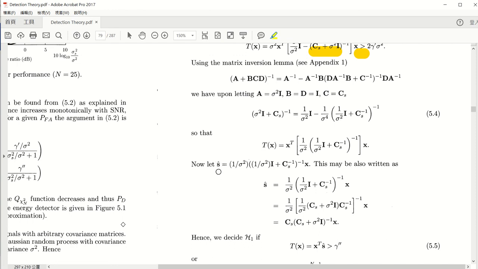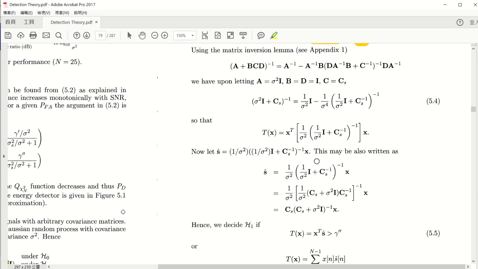So we will let S hat equal to this term. In fact, what we are trying to do is rename this whole thing as S hat, and we do some simplifications.